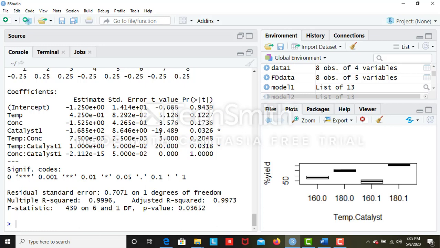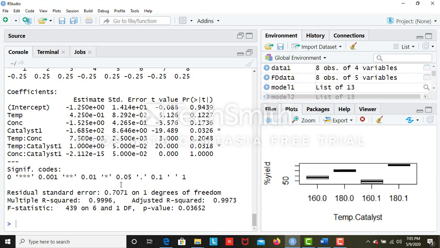So now you can see that for the main effect we only have catalyst being significant, and we have the interaction between temperature and catalyst being statistically significant, as you can see here.